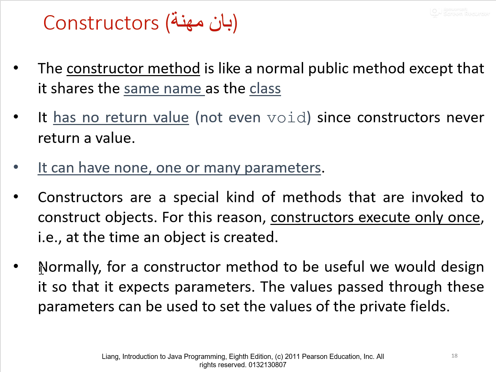So typically, we use constructors to initialize member variables of objects that we are creating. You've already seen that when you create an object, by default, member variables are given values. Numeric values are 0.